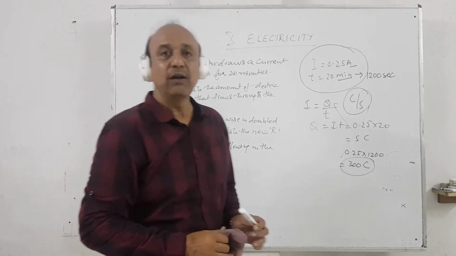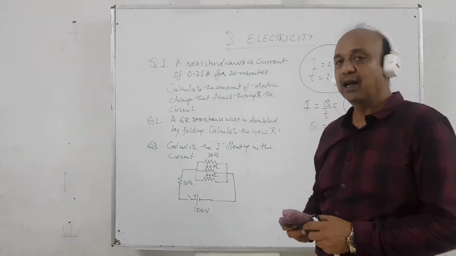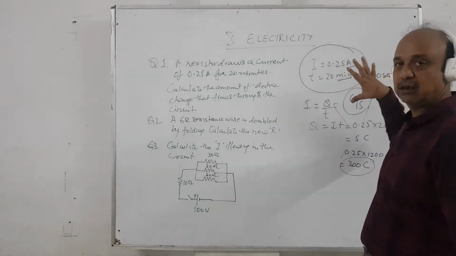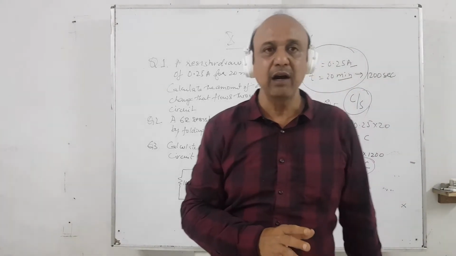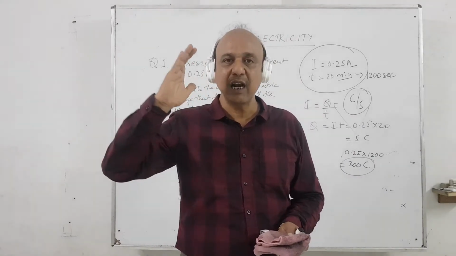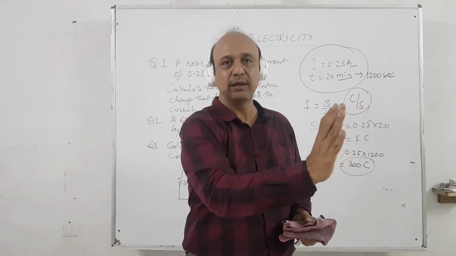So, the very first thing which you have to see and you have to correct is the units. In physics, in any numerical, if you have to get the right answer, your first concentration has to be the units, then the magnitudes.